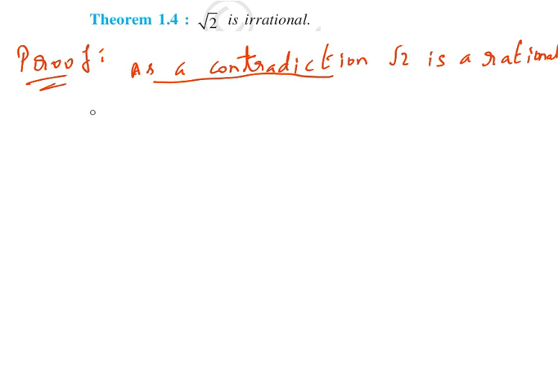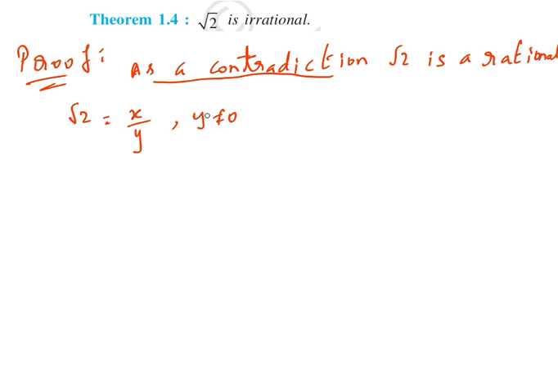If root 2 is a rational number, it can be written in the form of x by y, and y not equal to 0.